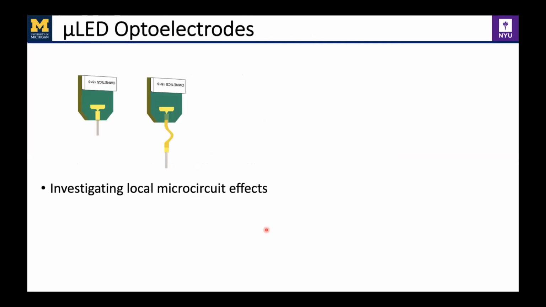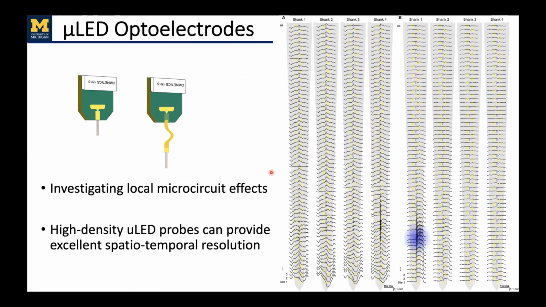And so as a summary, micro-LED optoelectrodes are a perfect tool to investigate local microcircuit effects. And the new high-density micro-LED electrodes can provide excellent spatiotemporal resolution. So here you can see the 4-shank, 128 channel device that we used in acute recordings.